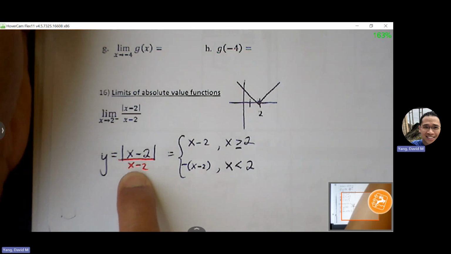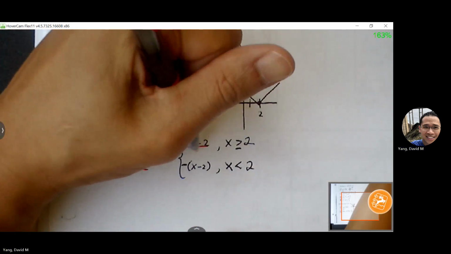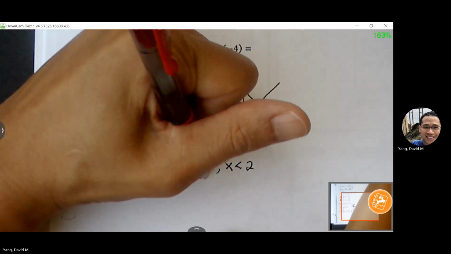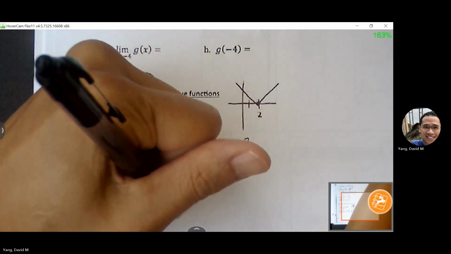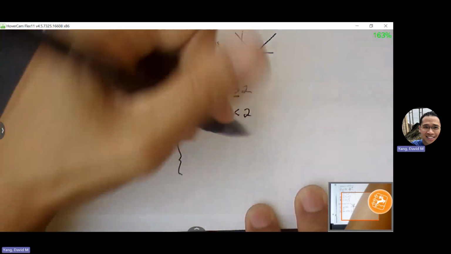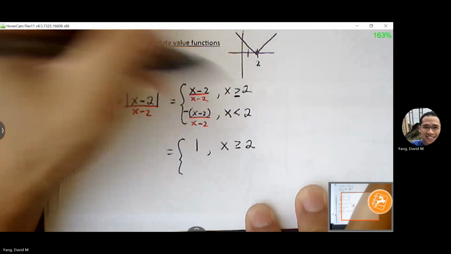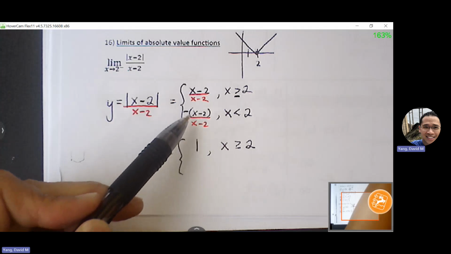If I can divide this by x minus 2, I can also divide both of these by x minus 2. Now, let's see what happens when we do that. What happens if I do x minus 2 divided by x minus 2? This goes to 1. What happens if I do negative x minus 2 divided by x minus 2? Negative 1.